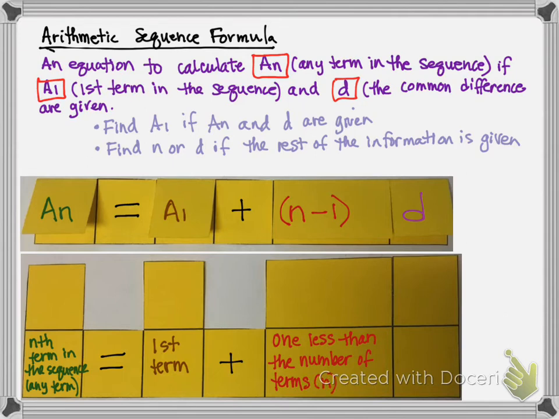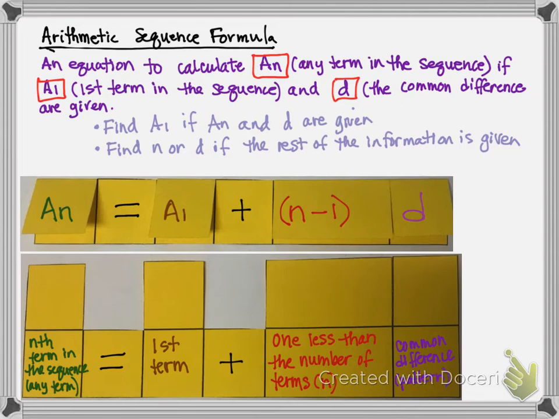So basically what this equation is saying is even though our sequences are infinite, if I want to figure out what the 150th term is, we're going to kind of pretend that it ends at the 150th term. So that's our final term, basically, is what we'd be looking at. And then last, we've got the d, the common difference, or what you're used to hearing it called, the pattern.